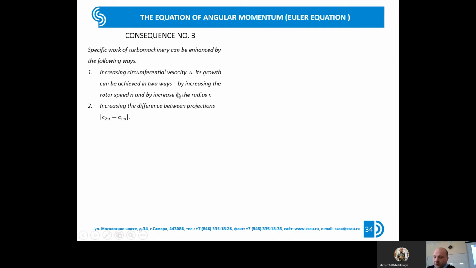Okay, we want to increase specific work as usual, and specific work could be calculated as U multiplied by delta CU. And how to increase it? And how could we increase U? Two ways.